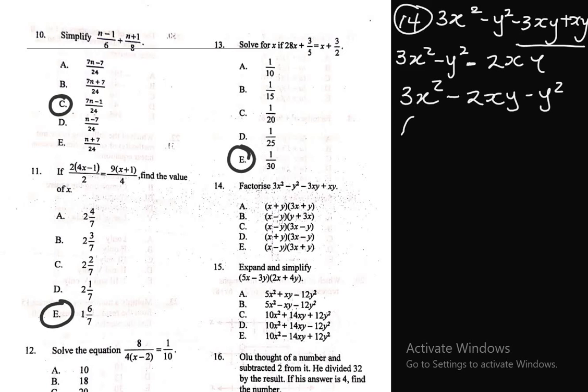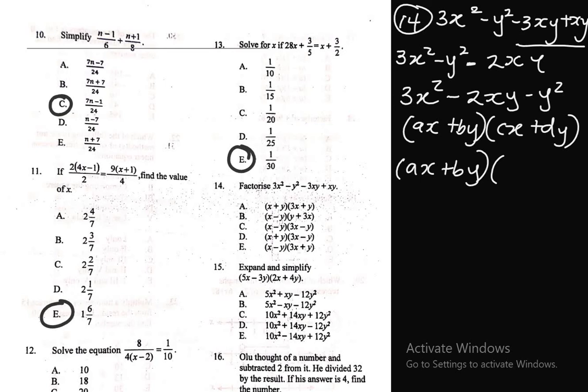So we can now try to factor it as a product of two binomials. Of course, as a product of two binomials, ax plus by, then cx plus dy. So we need to let bracket ax plus by close bracket bracket cx plus dy close bracket be equal to 3x squared minus 2xy minus y squared.